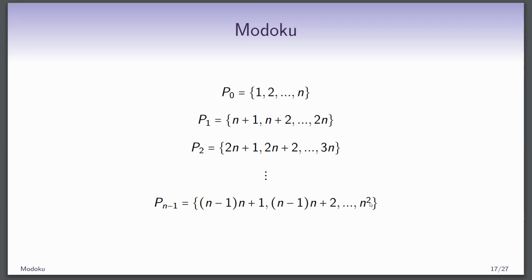Moreover, we can apply a cyclic permutation to each p sub k to achieve even more possible grids. Let sigma represent a single cycle rotation of each element in p sub k.